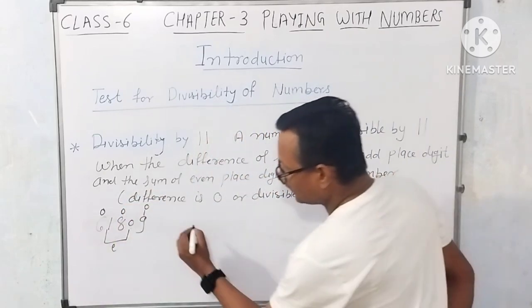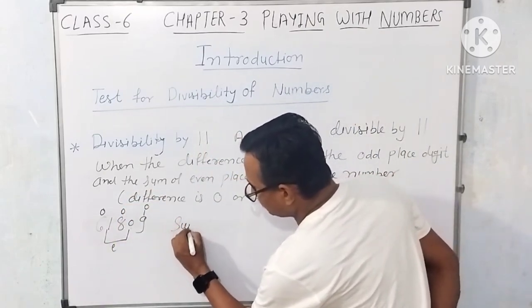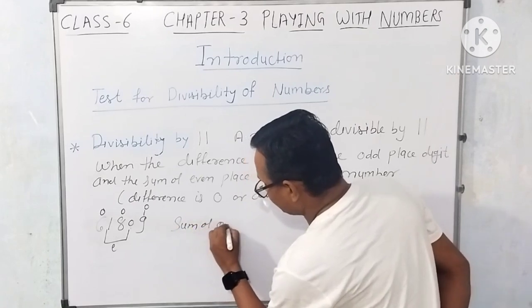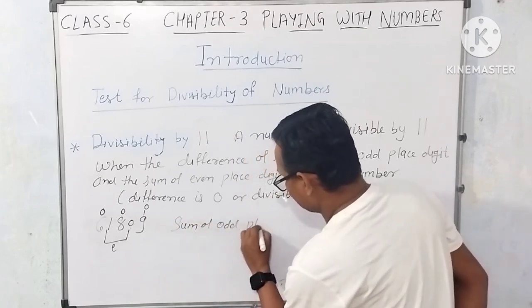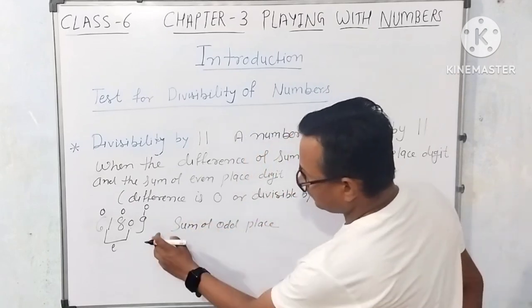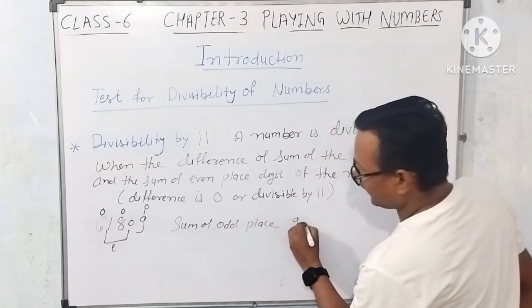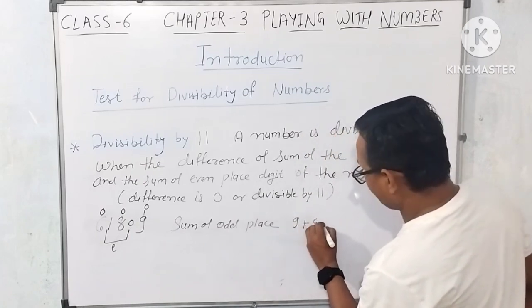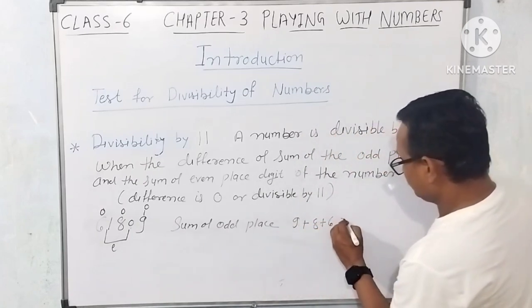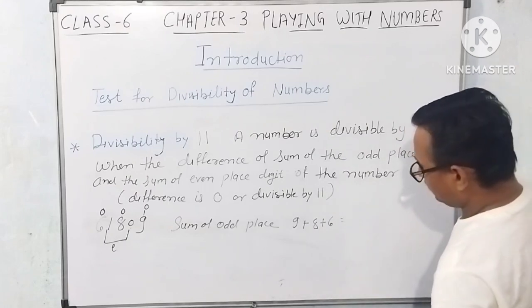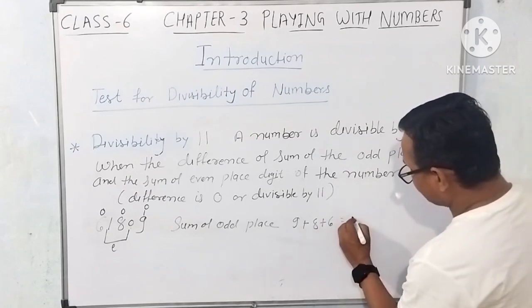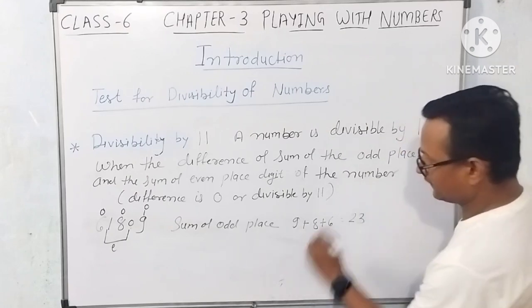Now we have to do the sum of the odd places: 9 plus 8 plus 6. So 9 plus 8 is 17, plus 6 is 23.